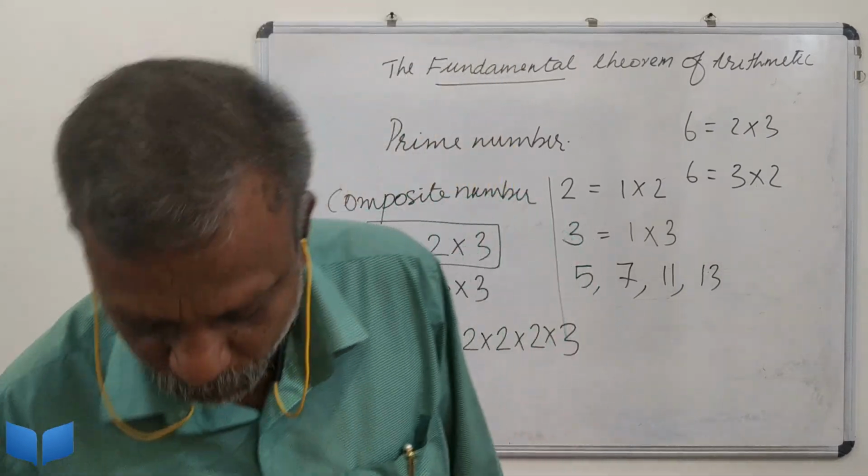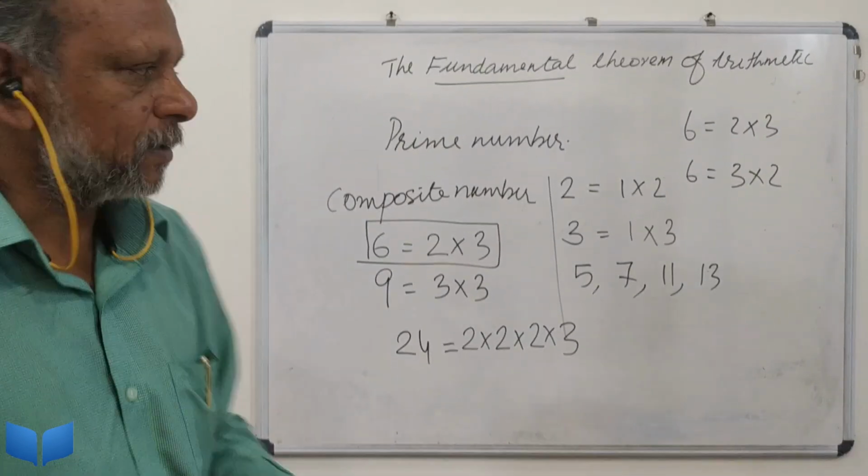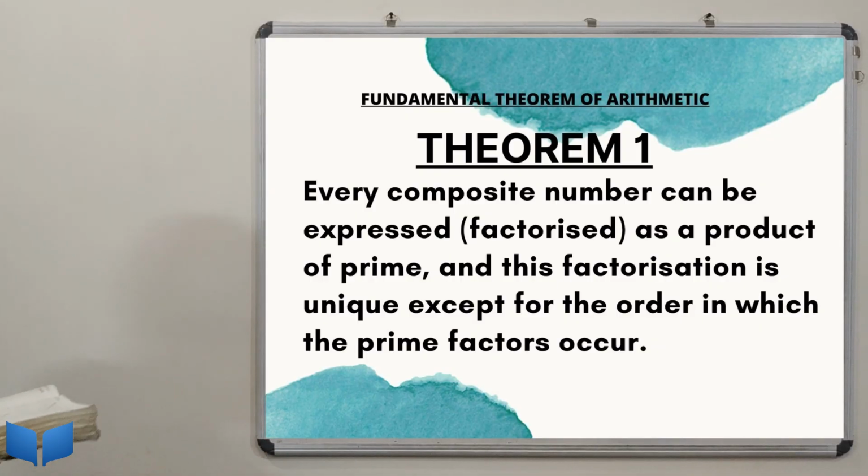Theorem 1 is the fundamental theorem of arithmetic. The statement is this one. According to the fundamental theorem of arithmetic, every composite number can be factorized or expressed as a product of primes, and this factorization is unique except for the order in which the prime factors occur.